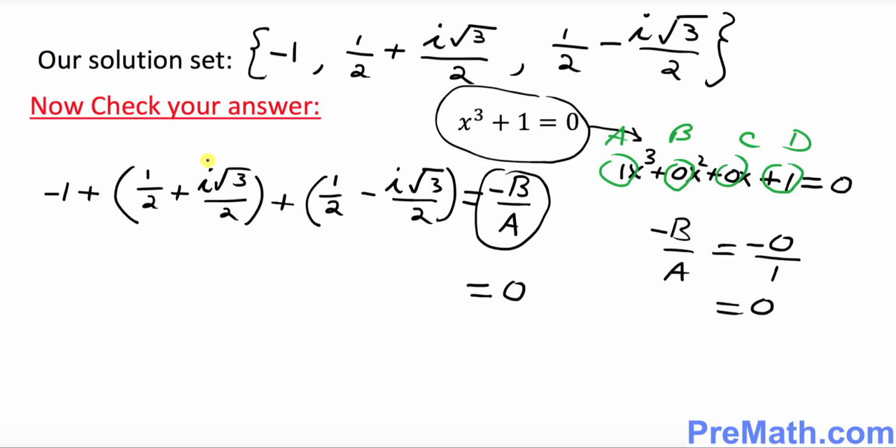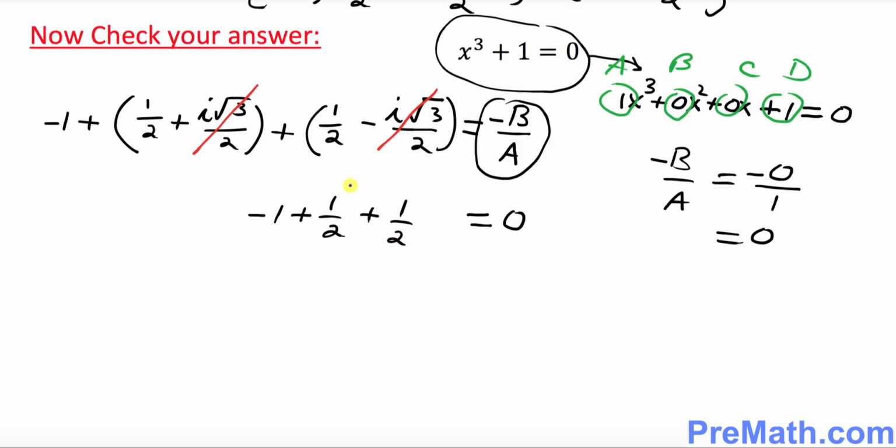Now we're going to see what we get on the left hand side. As you can see, the positive i square root of 3 over 2 and negative i square root of 3 over 2 cancel out. So on the left hand side we get negative 1 plus 1 over 2 plus 1 over 2. 1 over 2 plus 1 over 2 gives us positive 1.